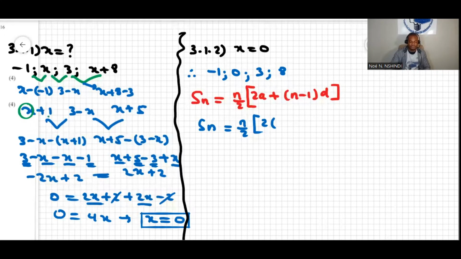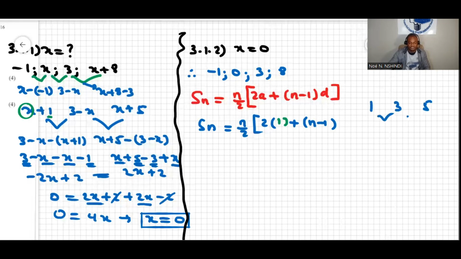So we substitute 1 there, and then that makes plus (n minus 1) times the difference. Because x is 0, the pattern of first differences is now 1, 3, and then 5.